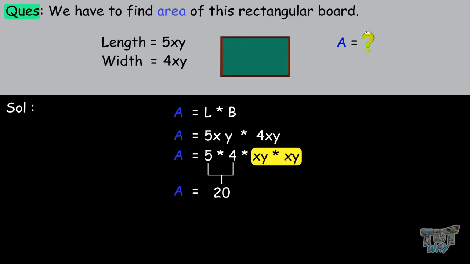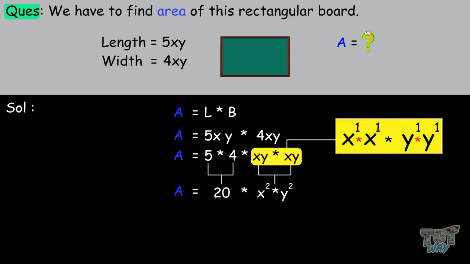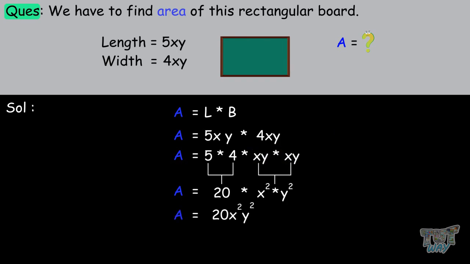So here we can just switch x and y to bring like terms together. Then x is the same base, so we get x to the power of 2. Now we do the same thing for y. They are of the same base, so we can add the exponents. 1 plus 1 equals 2. So we get y squared. Now here we have 20x squared y squared. This is the final area.